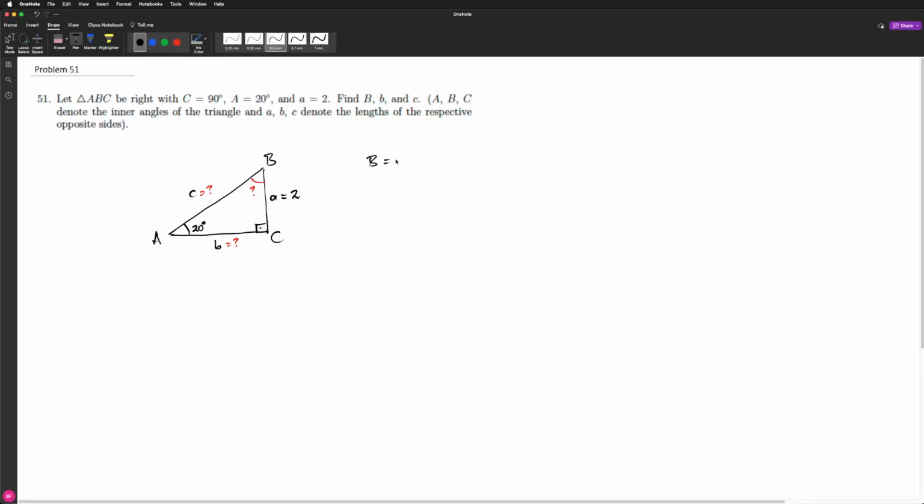Angle B is going to be, angle A plus B plus C, the inner angles of a triangle always add up to 180 degrees. And if A is 20 degrees and C is 90 degrees, that leaves only 70 degrees for B. Okay.